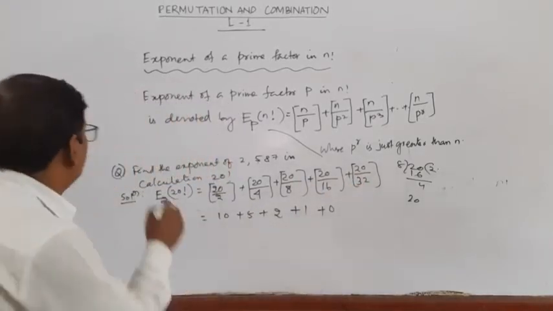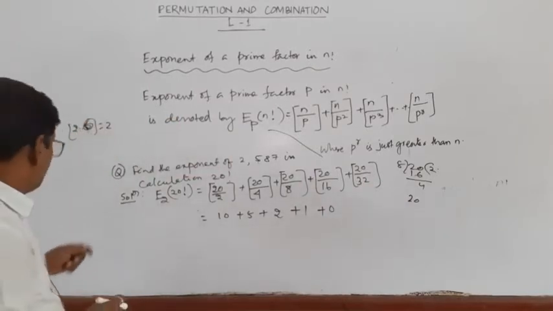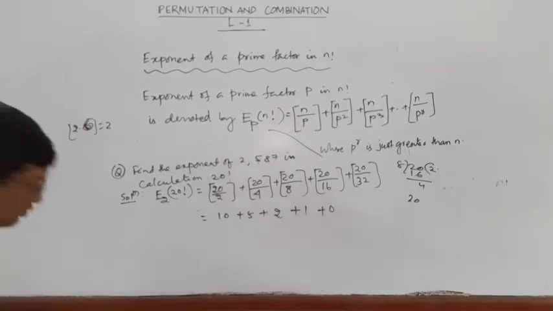From the greatest integer function, 2.5 or 2.6 gives 2.